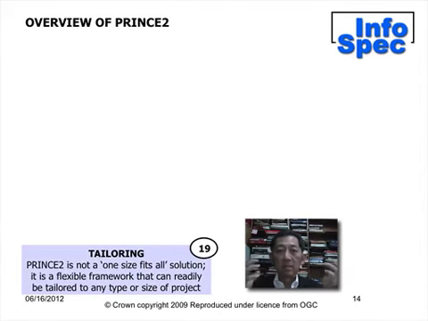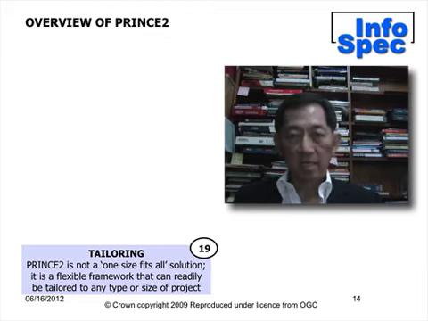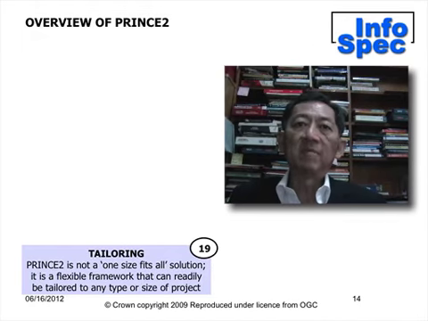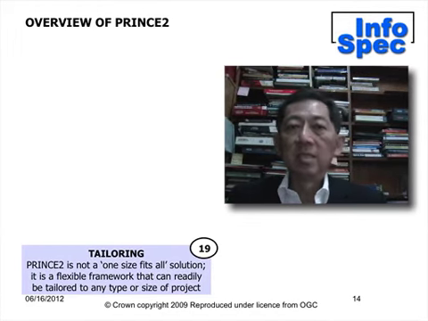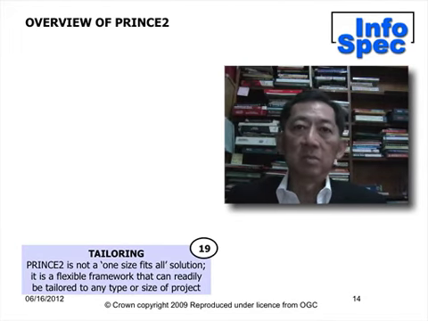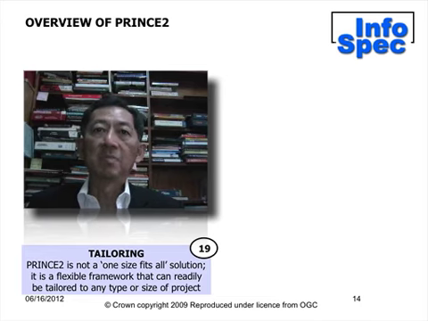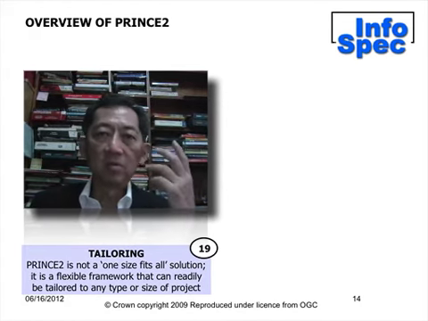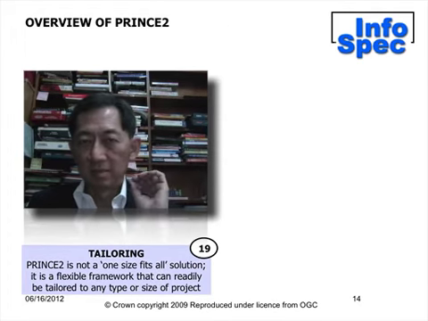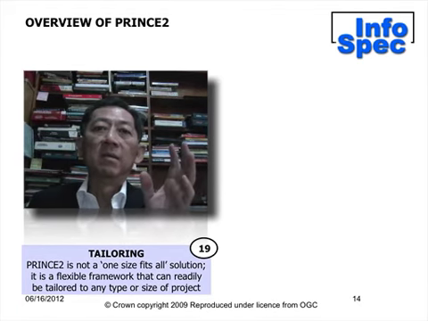Something else that is probably not as easy to specify within Prince2: one of the fundamental ideas behind Prince2 is that there must be a fair bit of tailoring. Why? Because there is no such thing as a method, whether it's Prince2 or some other method, that can be applied by the book. You cannot actually follow things by the book in exact detail for any method.